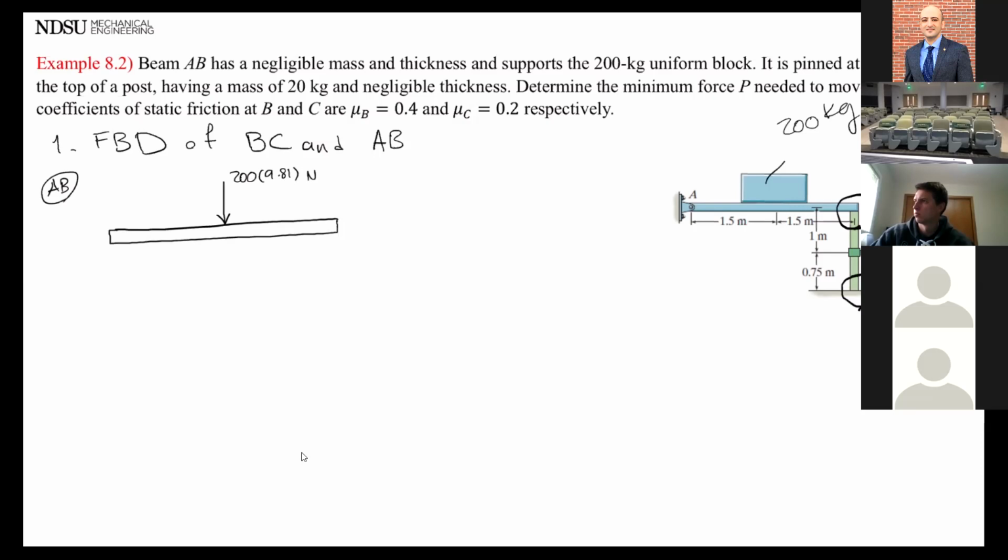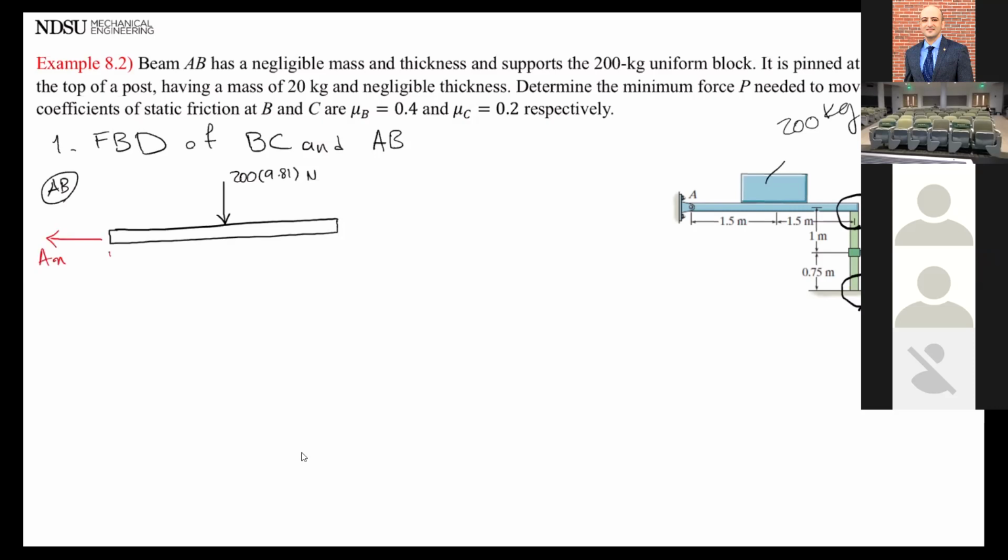I have pin A. What kind of forces should I expect from pin at A? What kind of reactions does a pin generate? Wouldn't there be a moment around it? Okay, so someone said moment. What else? X and Y reaction forces.